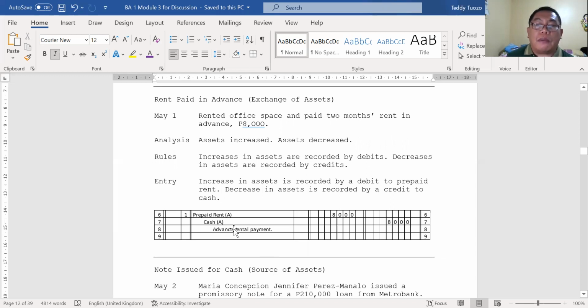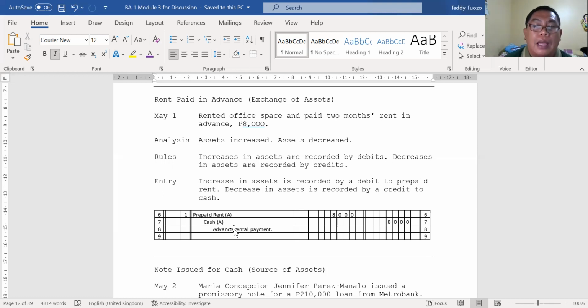Again, I would like to emphasize that all credits are indented from the debit a certain space. Dapat gajud tuod class, no? For information, when you prepare the journal entries, all debits are aligned, and all credits are also aligned. Dili pwede na ang credit ari na sa nag-advance.